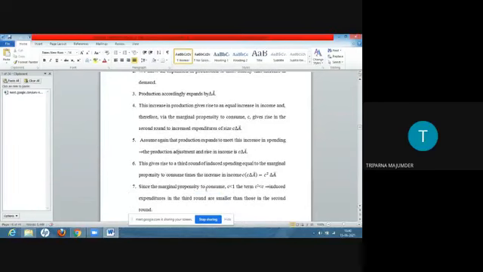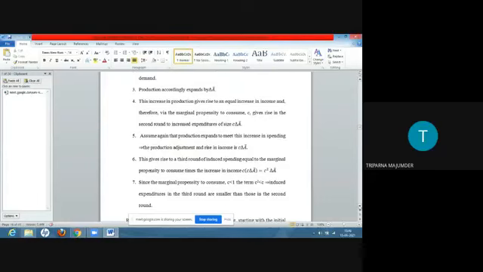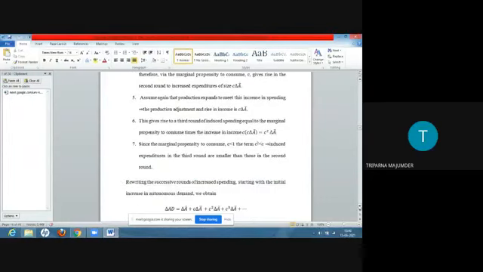That is, since the marginal propensity to consume C is less than 1, the term C squared is less than C, which implies induced expenditures in the third round are smaller than those in the second round. Similarly, the increase in expenditure in the fourth round will be lower than the increase in expenditure in the third round.